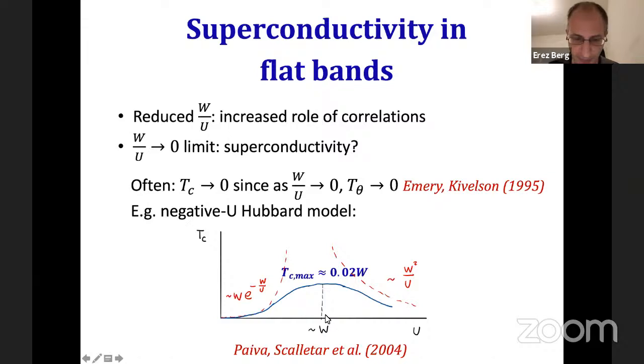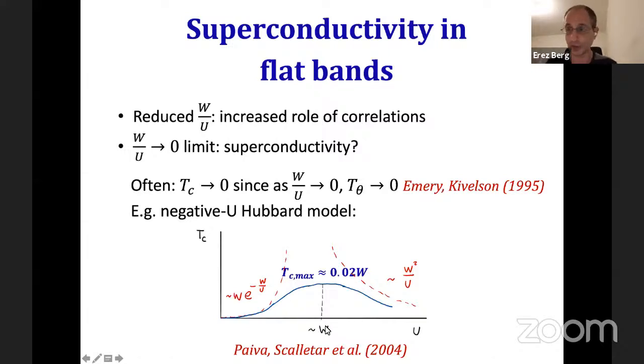There's a very nice paper by Scalettar and Teresa Paiva, who I noticed is actually here, interestingly. What you get is that the maximum Tc you can attain for a fixed bandwidth is when U is of the order of the bandwidth.